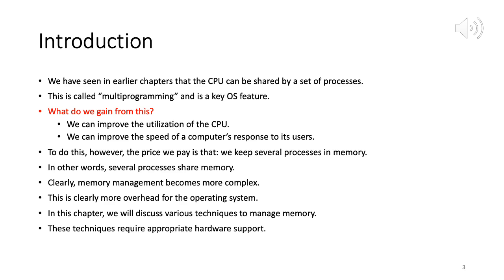So we improve the CPU utilization, and we can improve the speed of a computer's response to its users. Assume we have many processes and each of them belongs to a different user. They are all sharing a CPU. With multi-programming, obviously in a particular time unit, more work can be done, more programs can be executed, and therefore computer response time also improves.